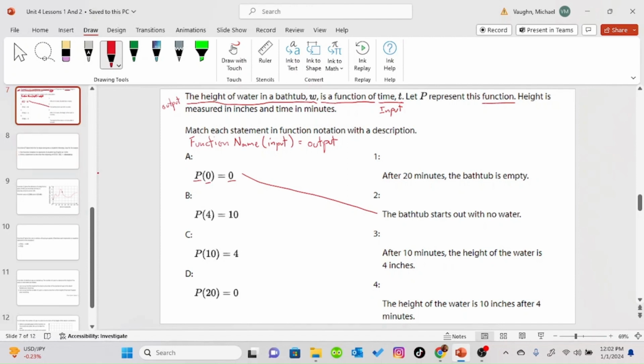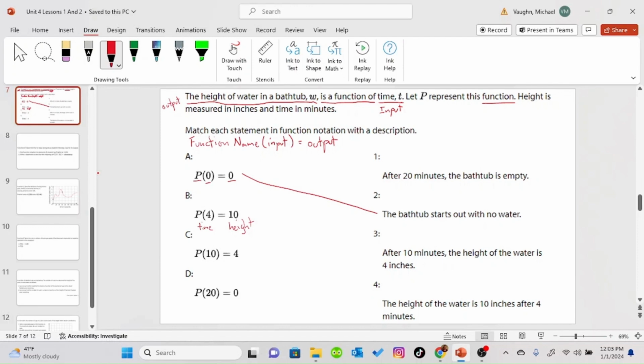Now we can go to B. 4 is our input, and our input is time. So that is a time of 4 and a height of 10. Now if I look at number 3, it says after 10 minutes, the height of the water is 4 inches.